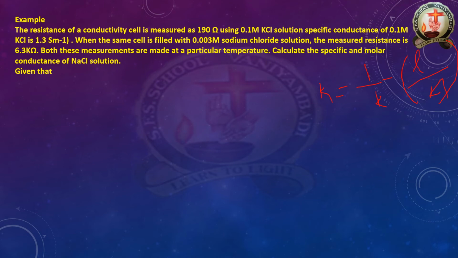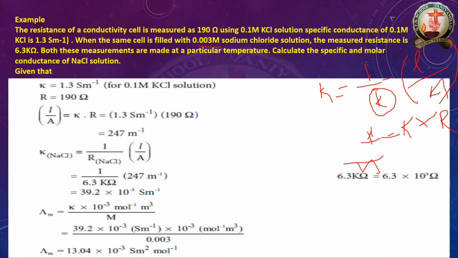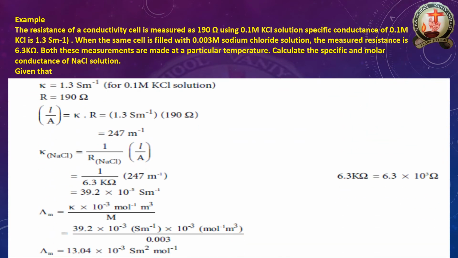So you know that one. The resistance is already given for sodium chloride, and we are going to multiply it. How do we get L by A? L by A is equal to specific conductance into resistance. Multiplied, we get the cell constant. So I am going to explain here. See what is given: the specific conductance value is given, and the resistance is also given.